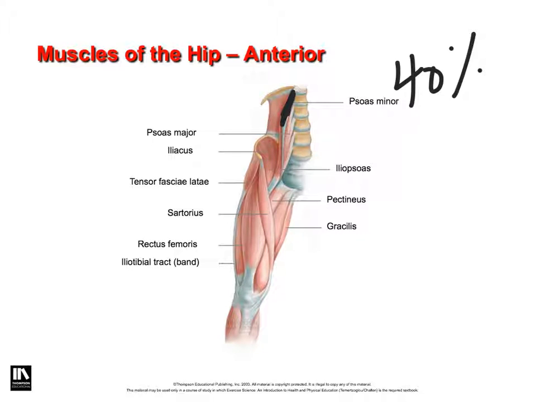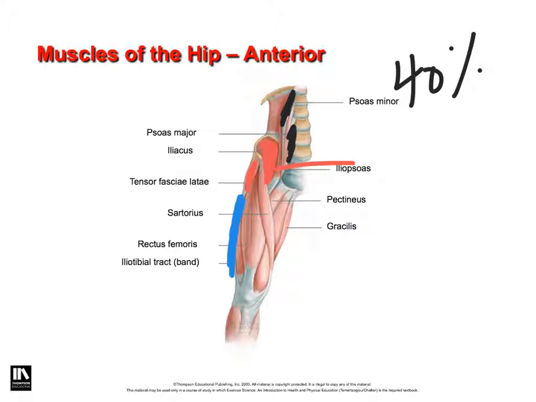Then we've got psoas major, just below that. You've got your iliacus in here, and all together they make up the iliopsoas. Tensor fasciae latae is to the top, and then closer to the bottom, you've got what's called an IT band or the iliotibial band.